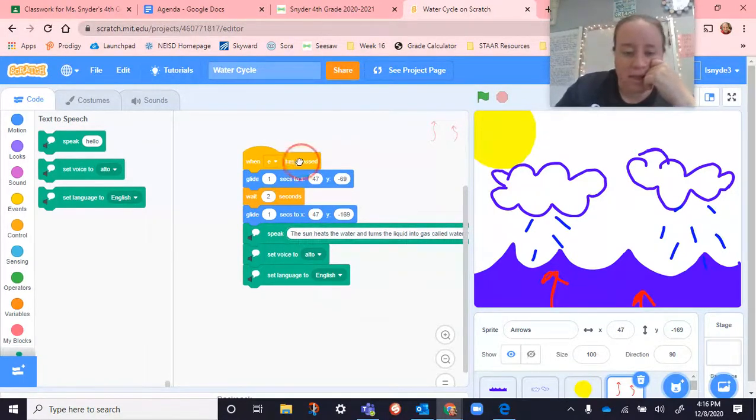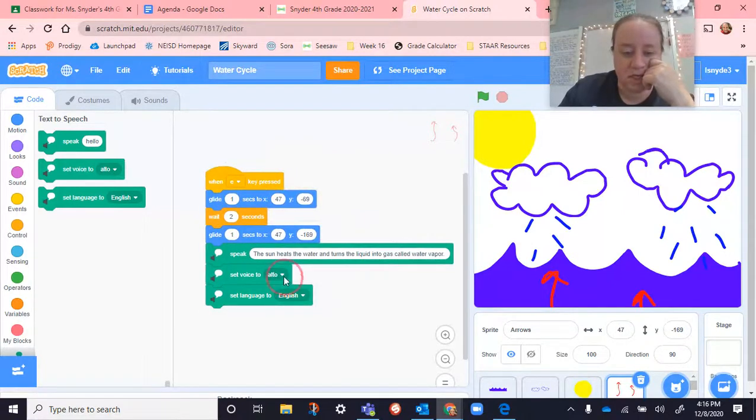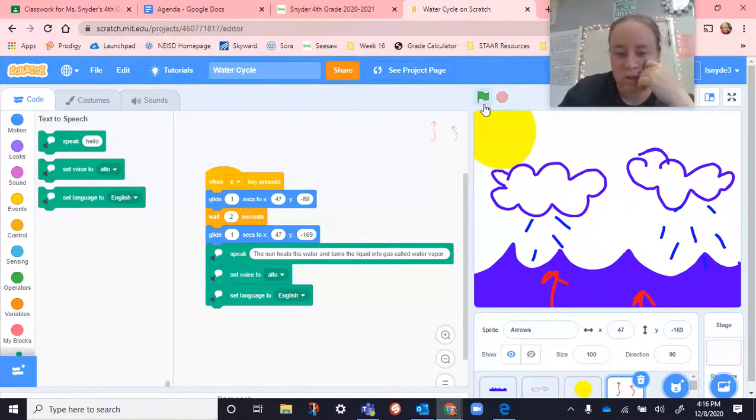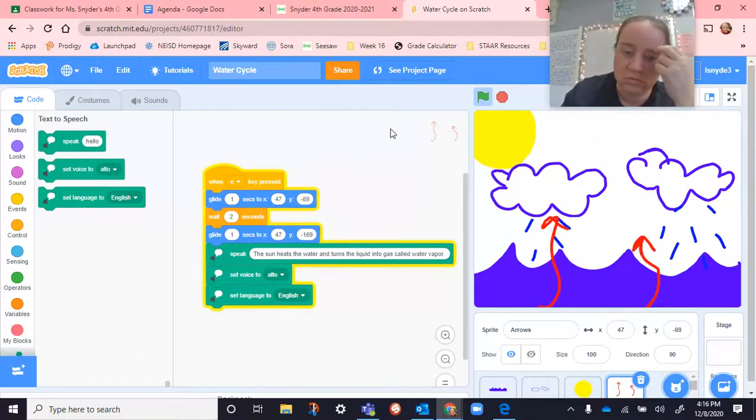All right, and then you can change how you want the voice, whether you want a girl, a boy, a mouse, and so on, the language. And so let's try this. So E. The sun heats the water and turns the liquid into gas called water vapor.